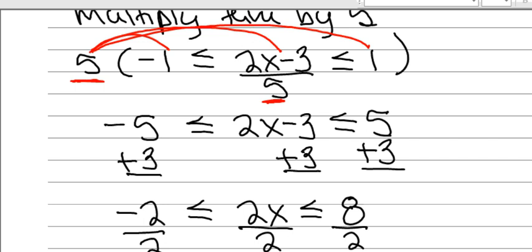And now I'm going to solve. I'm going to add 3 to 3 places: left side, middle, right side. When I do that, my 3's cancel out and I'm left with 2x. 5 and 3 is 8 on the right. Negative 5 plus 3 is negative 2 on the left.